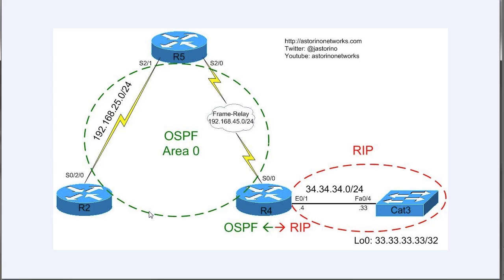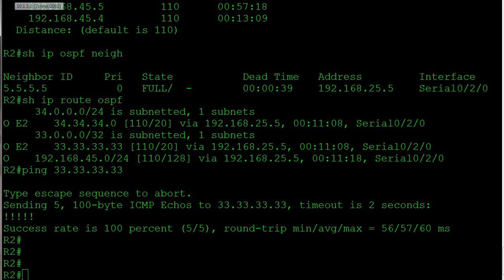In this particular case, what's going to happen is router 4, when he redistributes this route, he's going to redistribute that route into OSPF, and it's going to come into OSPF as a Type 5 external LSA. Let's jump over to router 2 and see that.